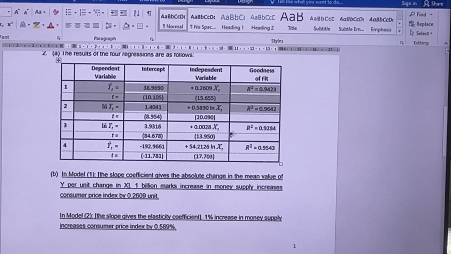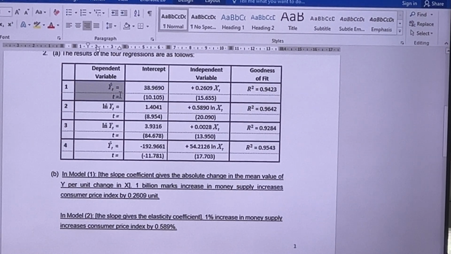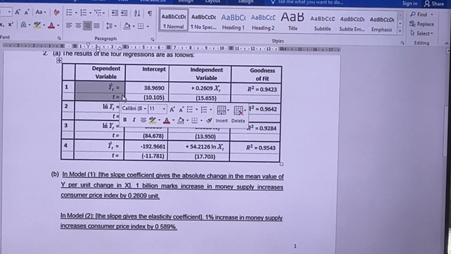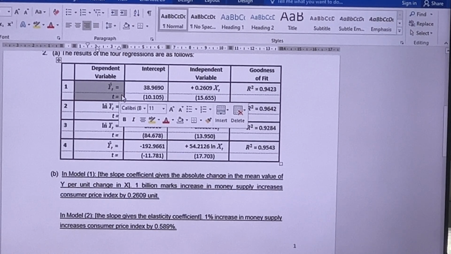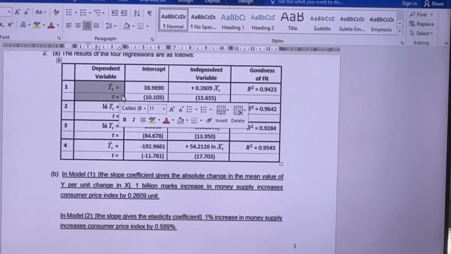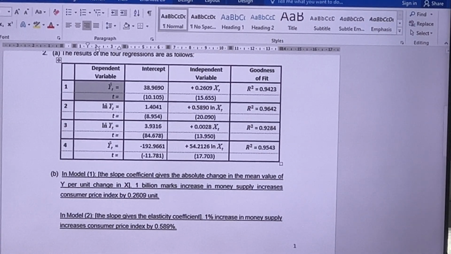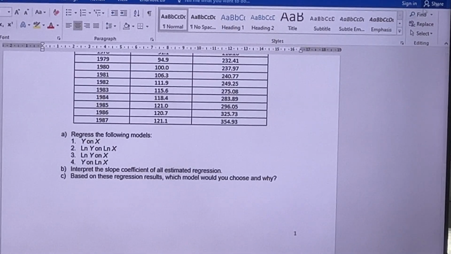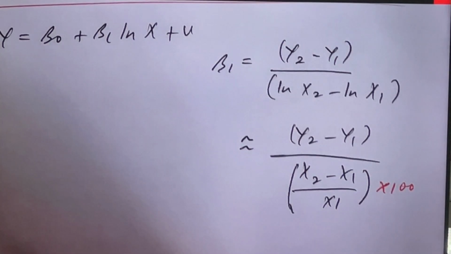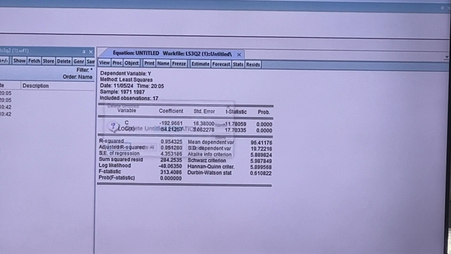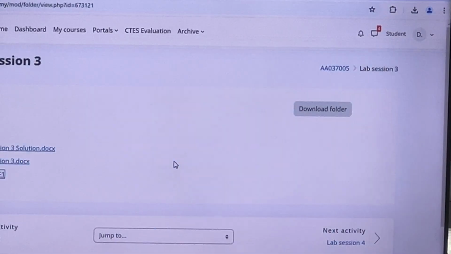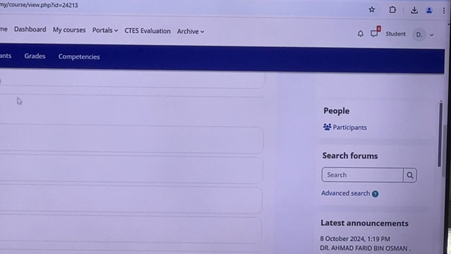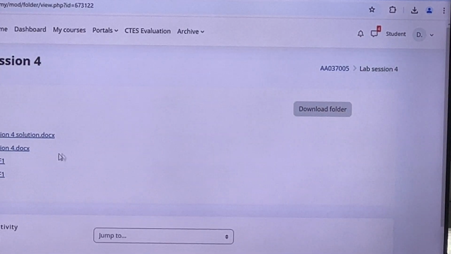You can only compare if the values of the dependent variable are exactly the same, then we can compare the R square to say which one is better in explaining the variation in the dependent variable. That's section 4.